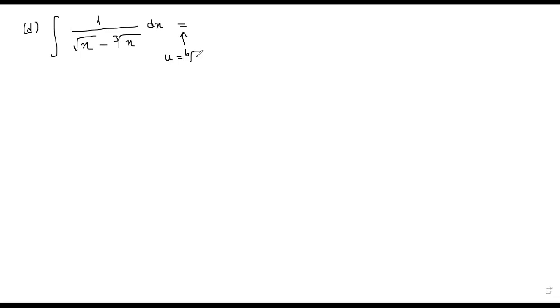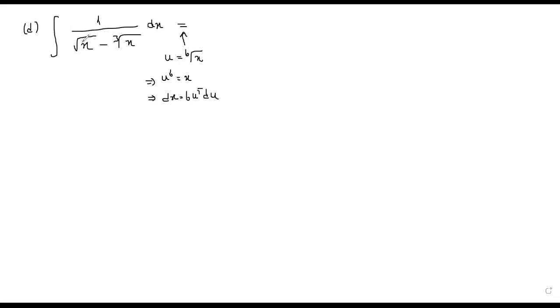We first substitute u equals the 6th root of x. Then it gives u to the 6th is equal to x, right? And dx is equal to 6u to the 5 du, right?